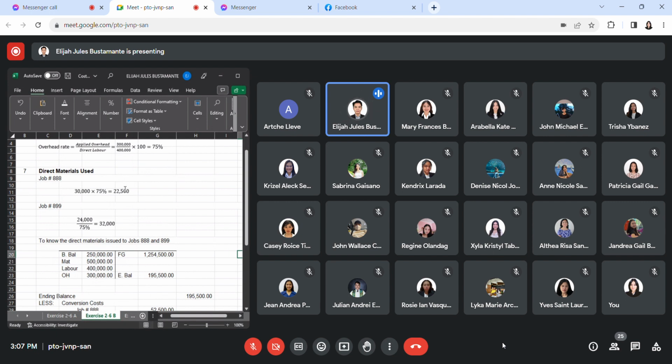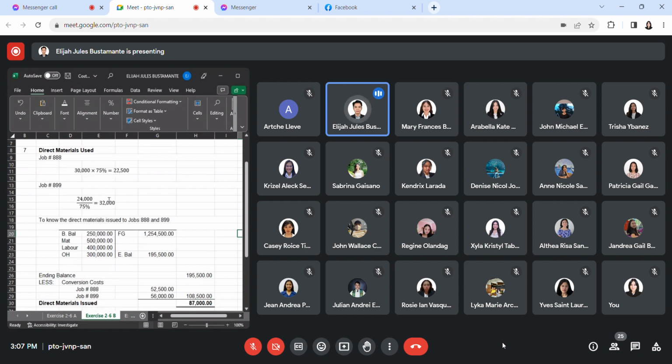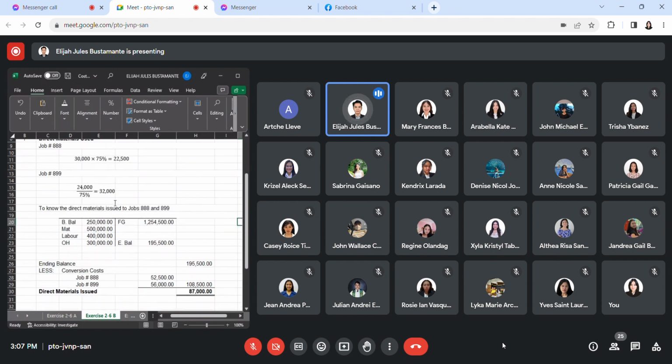Yeah, for job number 899, naa siya applied overhead of 24,000. So, bali siya sa job 888 na gipangita kaganina. So, we divided 24,000 by 75%. So, naa siya 32,000.